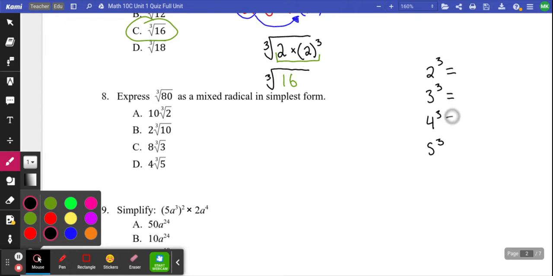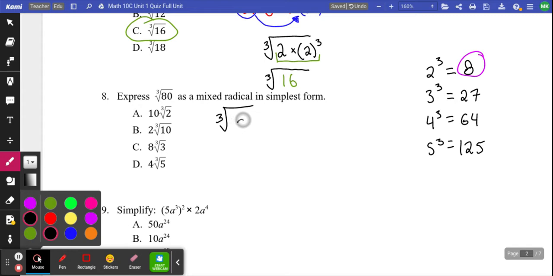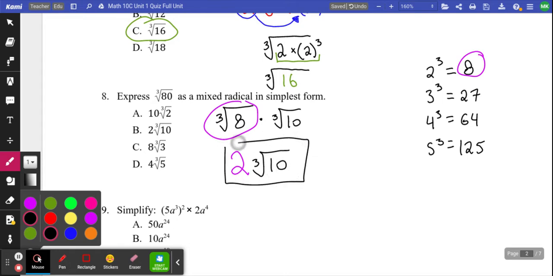I'm trying to find a perfect cube that divides into 80. If you look, the only one that works is going to be 8. So that means I can rewrite this as cube root 8 times cube root 10. The cube root of 8 is 2. That becomes your coefficient. The cube root of 10 stays cube root of 10. It's 2 cube root 10.